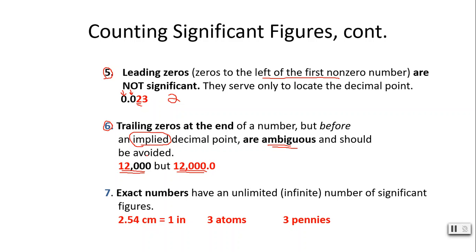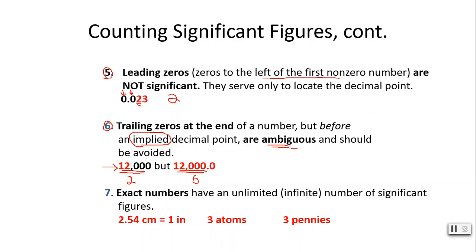So this first number, 12,000, has a total of 2 significant figures. In 12,000 with a decimal point, all of the zeros are significant because these 3 zeros are to the left of the decimal point, and this 0 is to the right of the decimal point. So this number has a total of 6 significant figures.